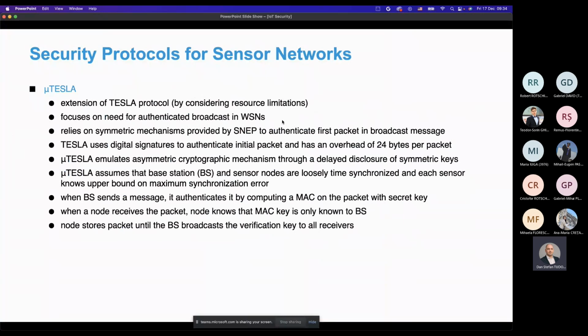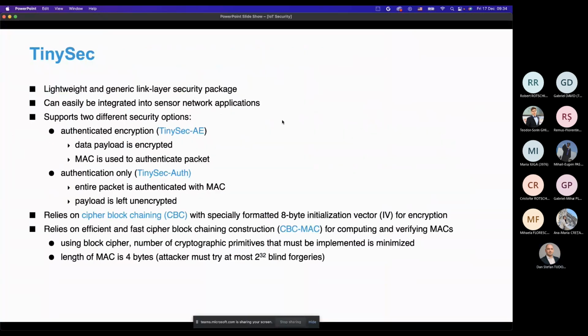Now, TinySec is a lightweight and generic link layer security package that developers can easily integrate into sensor network applications. So you can actually download this security package code, and you can plug it into your own sensor network application.